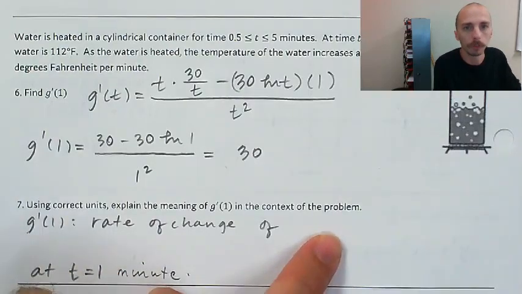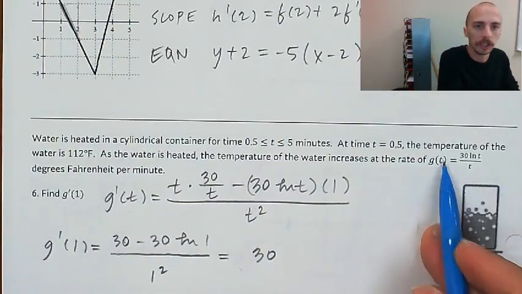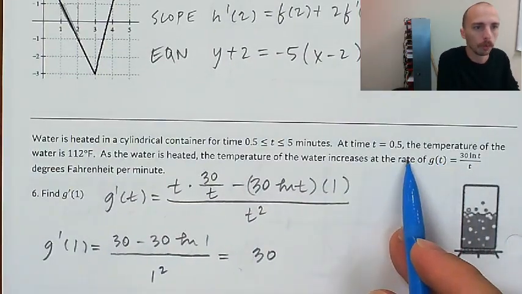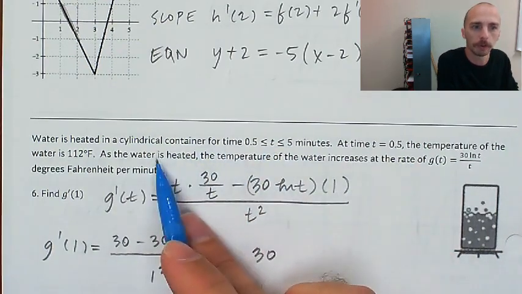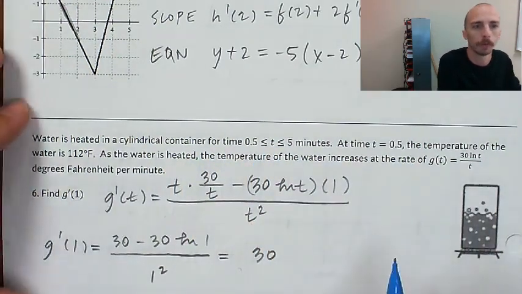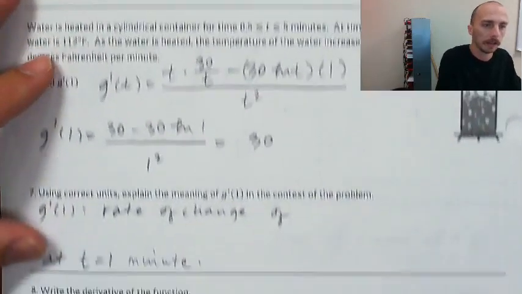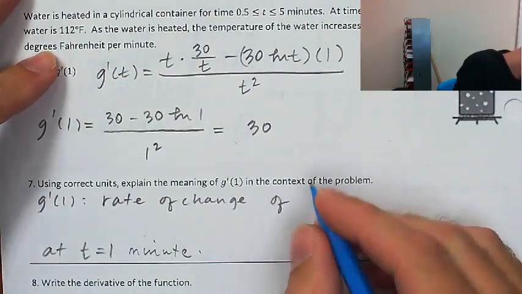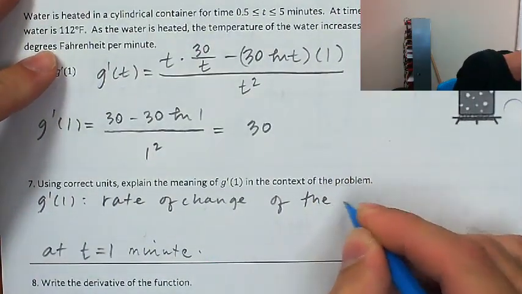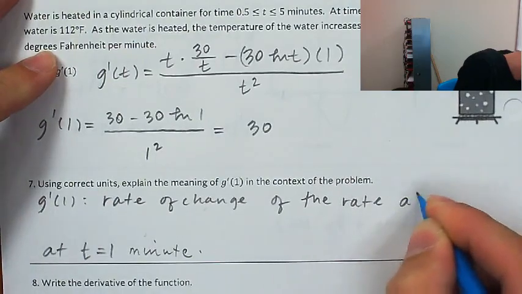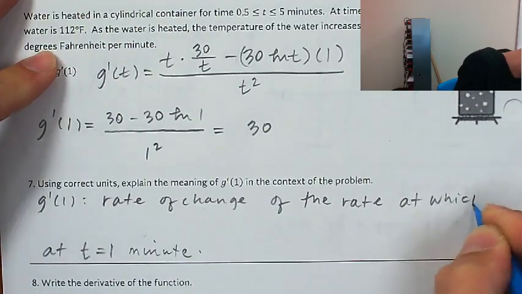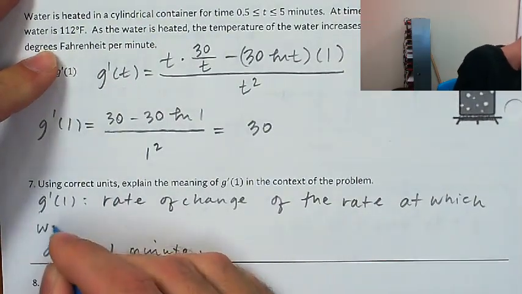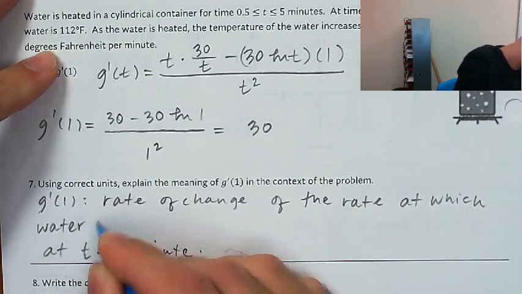It's the rate of change of whatever g represents. Okay, g is the rate of water temperature increasing, the rate the water temperature increases at. Okay, the rate of change of the rate at which the water temperature increases.